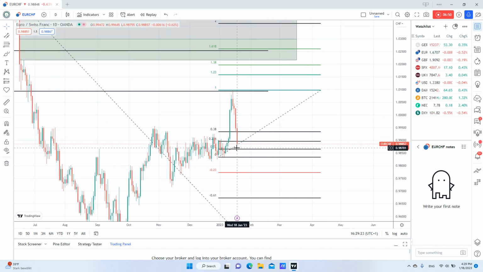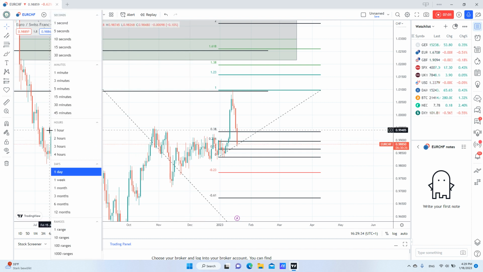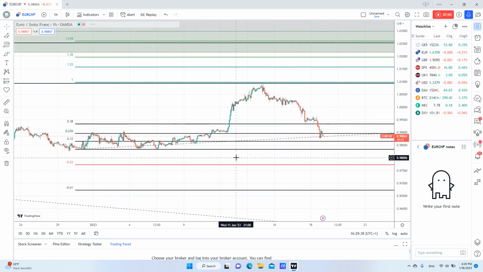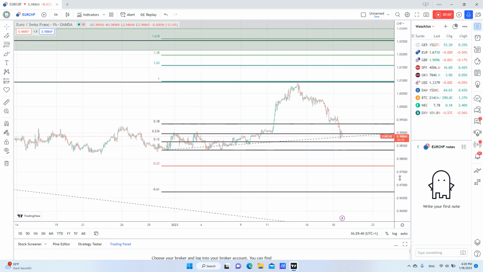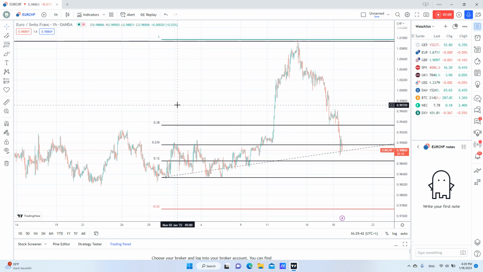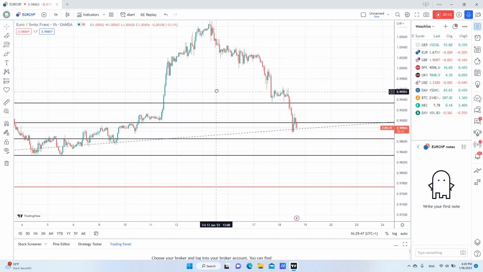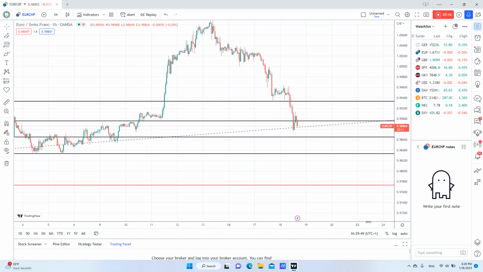I like to enter most of my trade at the 77 retracement, or even more if I can get that. And I think we have an imbalance. I saw it before, maybe in the 1 hour chart.